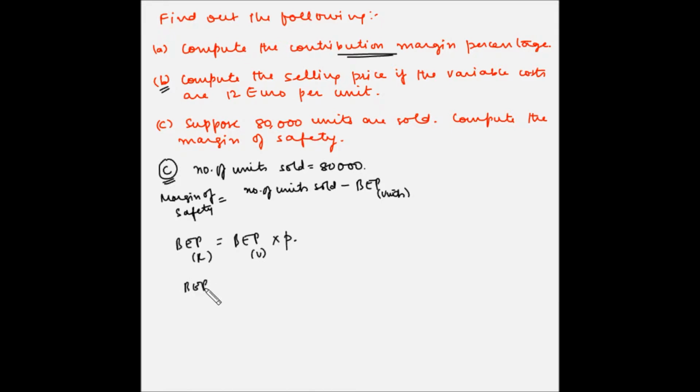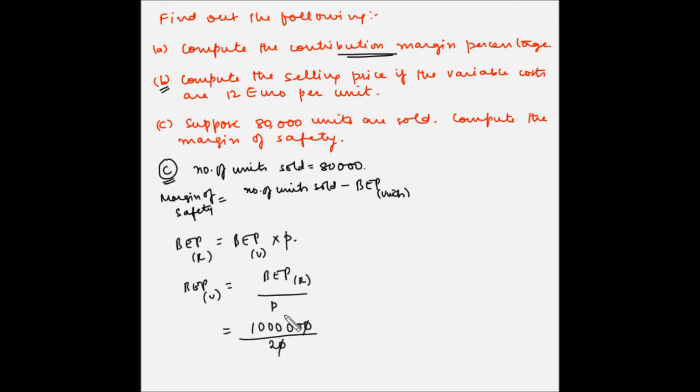So break-even point in terms of units will be equal to break-even point in terms of revenue divided by the unit selling price. So this is 1 million divided by P, which is 20.